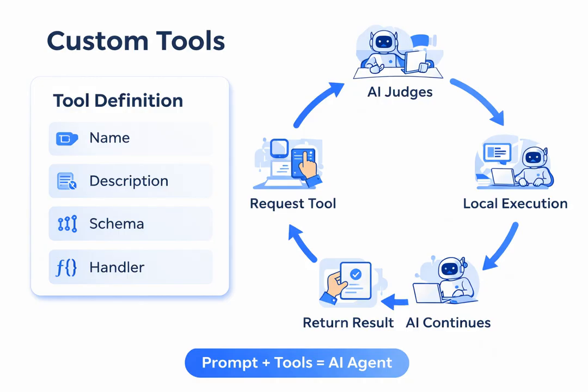The execution flow works like this. The AI determines whether to call a tool, initiates a request, your local code executes, results return to the AI, and the AI continues generating the final response. This is the essence of an agent: prompt plus tools equals a complete AI agent.